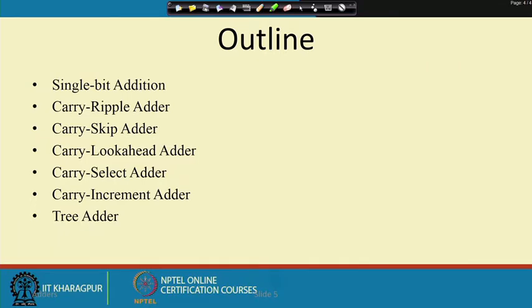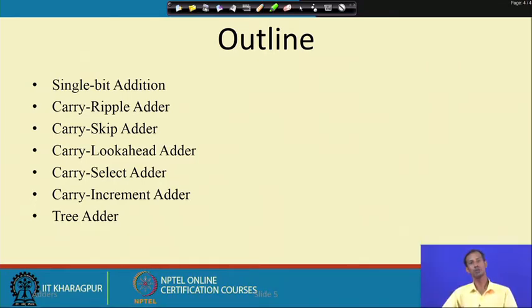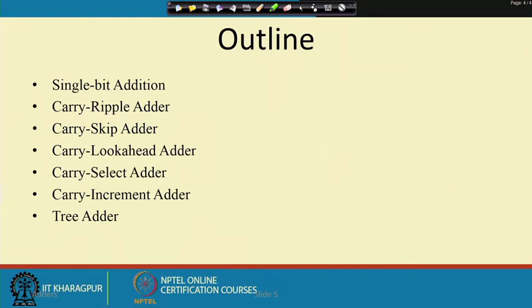Then there is the carry look ahead adder, along with another adder which is carry skip adder, then carry select adder, then carry save adder, then carry increment adder, then tree adder, then conditional sum adder. So, there are so many topologies or techniques for implementing this single addition operation, that is, addition of two numbers basically.